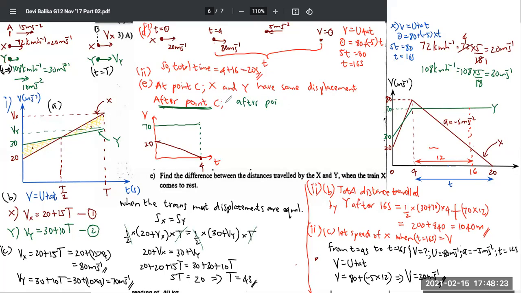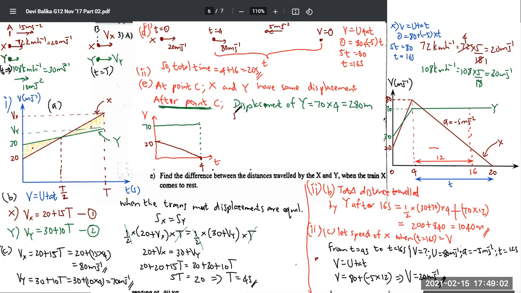I have already put in the displacement of Y after point C. How much is that? How do you find it? You have the area of the rectangle. That's going to be 70 times 4. How much is that? 280 meters. And what is the displacement of X then, after point C?